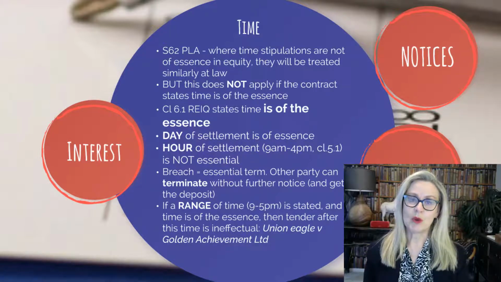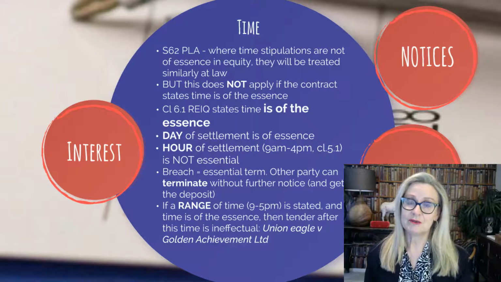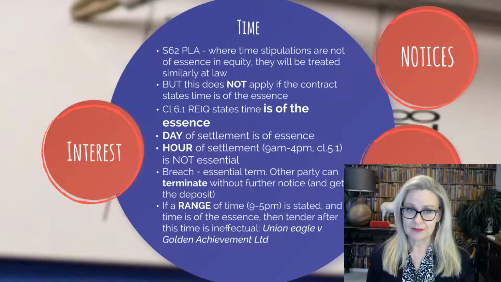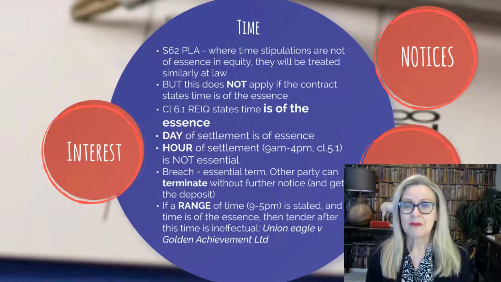Under clause 6.1 of the REIQ Standard Form Houses and Land, time is definitely of the essence. Day of settlement is of the essence, not hour of settlement. So you can see there, if you, for example, say that settlement can be at 2 p.m. on the 1st of January, actually it would never be then, would it, because it's New Year's Day.